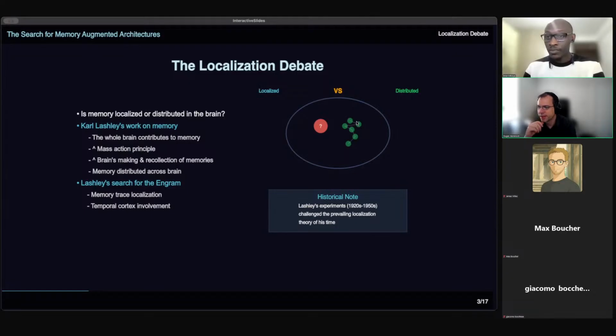Hippocampus comes to mind, right? People say that the hippocampus is for memory, or certain types of memory. Yes, but maybe these memories are stored throughout the brain. I'll talk about the hippocampus as well, but the idea is that memory is stored throughout the brain.